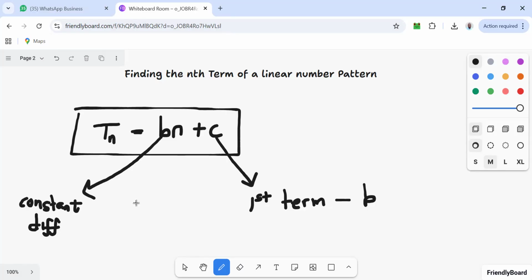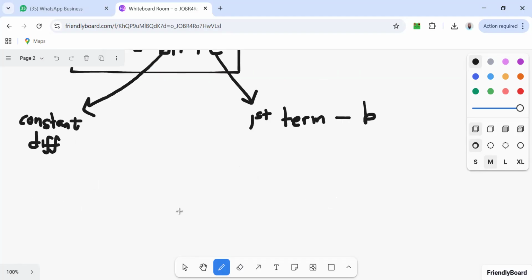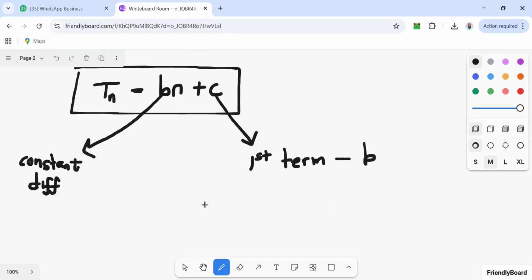So C is the first term, take away the constant difference. That's what it means.